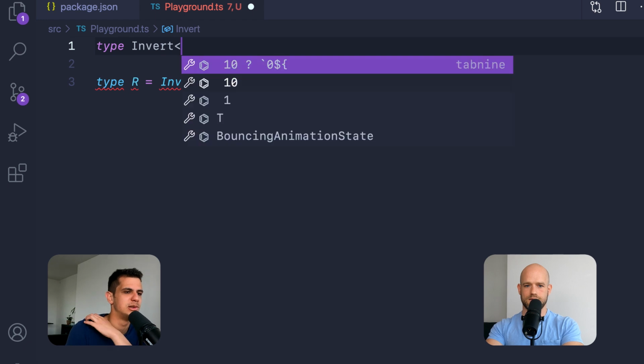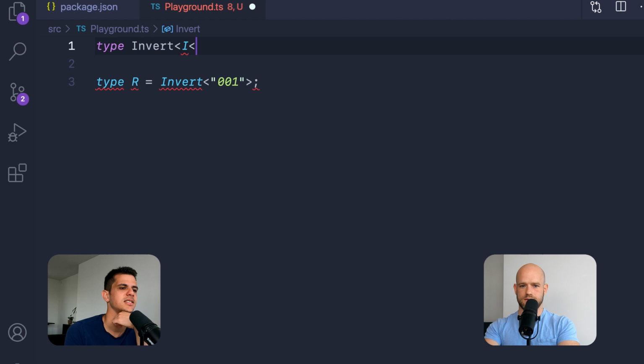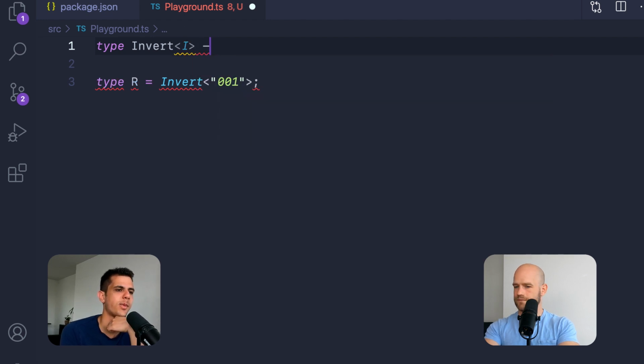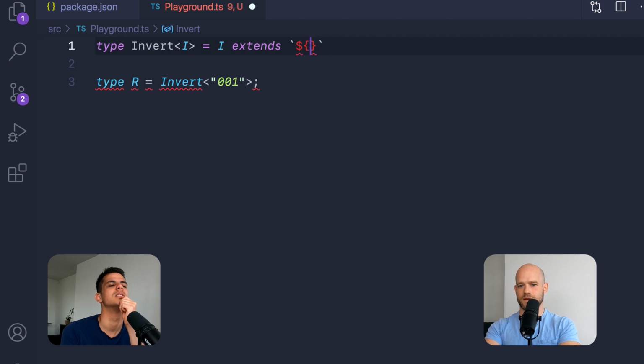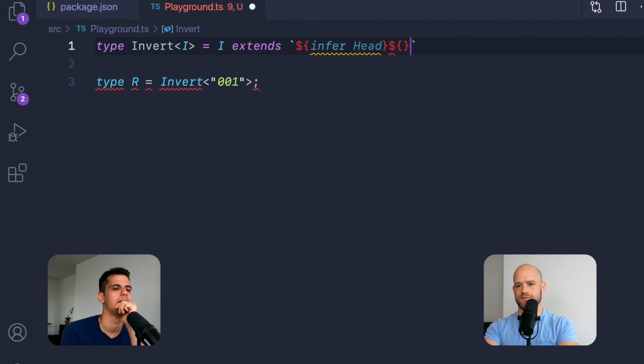So I guess we have to loop over each character of the string we get. So let's get the first character. We're going to do: extends a string, we infer the first character, the head, and then we have the tail.